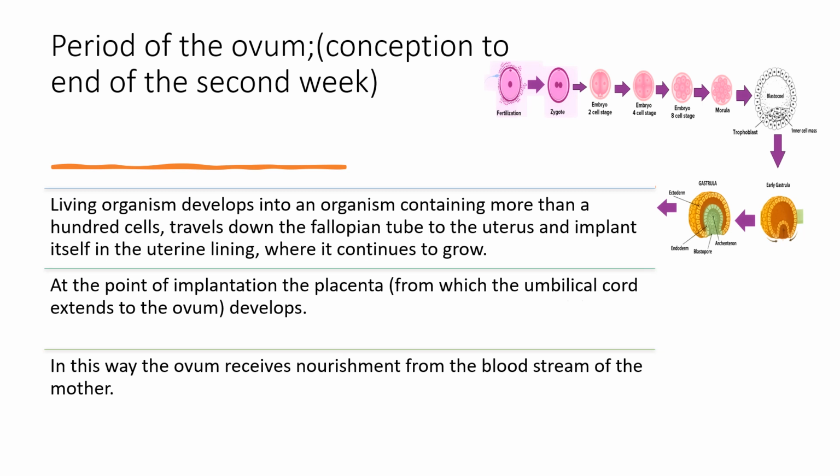At the point of implantation, the placenta develops, from which the umbilical cord extends to the ovum. We know that, right? The umbilical cord is connected to the mother, and at the point of implantation the placenta develops, and in this way the ovum receives nourishment from the bloodstream of the mother.